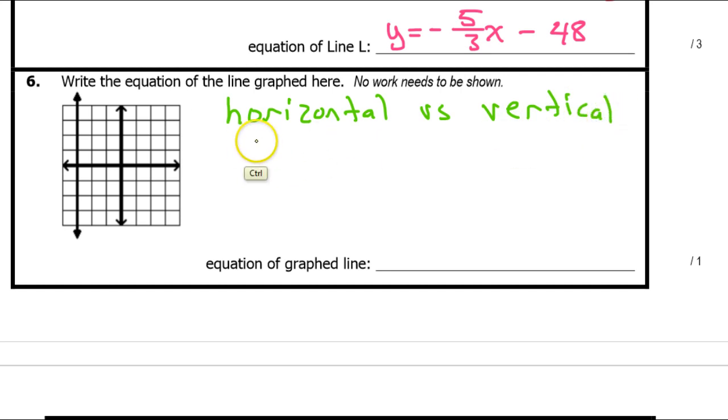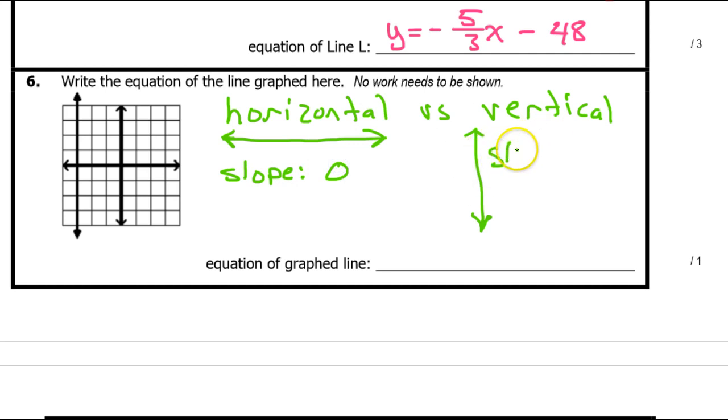First of all, a horizontal line looks like this. That's what horizontal means. A vertical line looks like this. When you have a horizontal line, the slope is always 0. When you have a vertical line, the slope is always undefined.